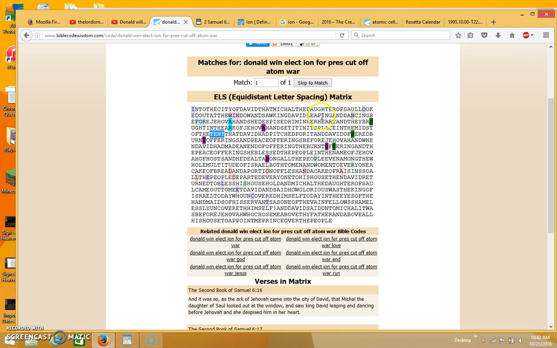And this is coming up where you have the term cut off that I had put in up here at the top. You see it's coming up in the yellow. The word cut is coming up in the yellow with the letters C, U, and then the T is the first letter of the word tent or tabernacle. And then you had the word off coming up here in the green.